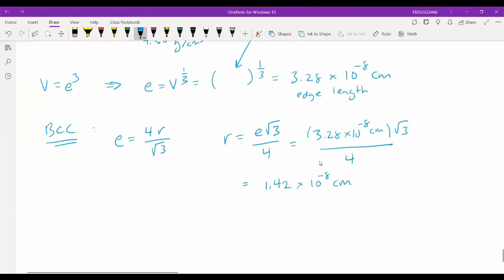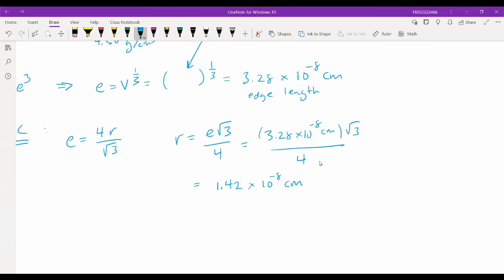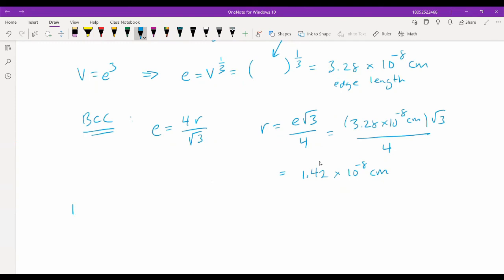So then it's just a matter of converting that to whatever metric unit you want, and we're going to do picometers. So we have down here, say, 1.42, and then we have 1 meter is 10 to the second centimeters, and then it says in the problem that 1 picometer is 10 to the negative 12 meters.